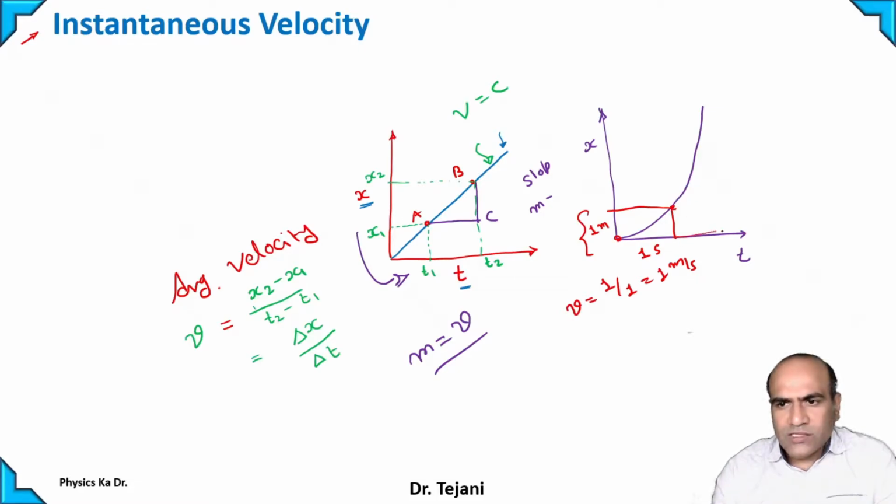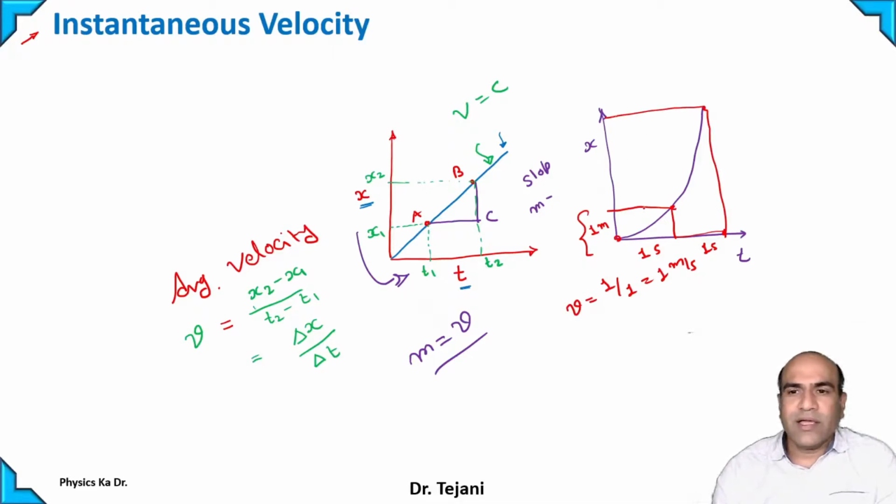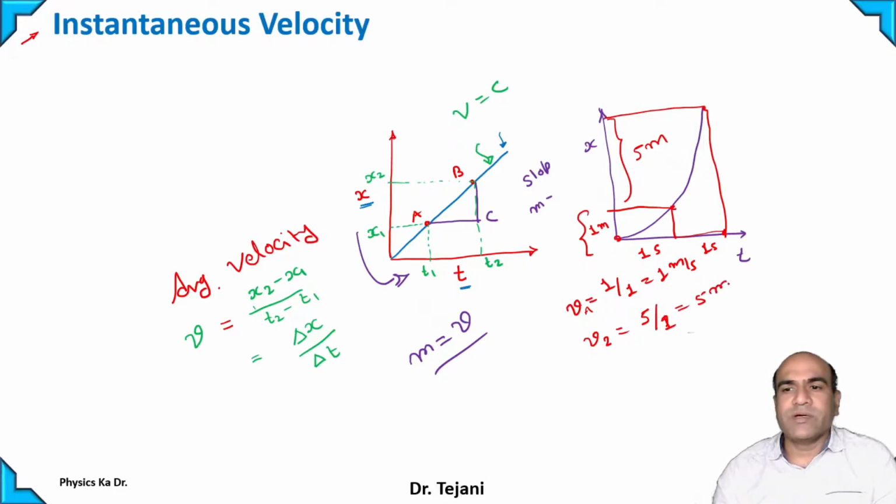Let us take another similar interval of 1 second, after which it reaches somewhere here. And if we see this height, it is approximately 5 meters. So for the second instant, the velocity is 5 divided by 1, equal to 5 meters per second.